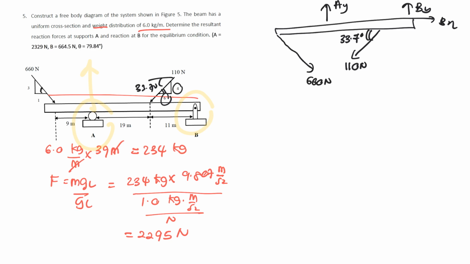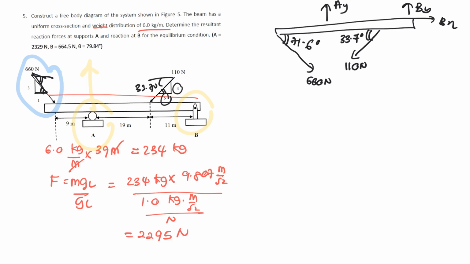You need to find the angle for this one. The angle is going to be tangent inverse of 3 by 1. So you are going to get 71.5 or 71.6 degree, because of the zigzag, so it's going to be 71.6 degree.